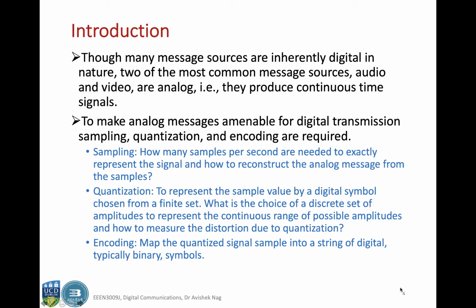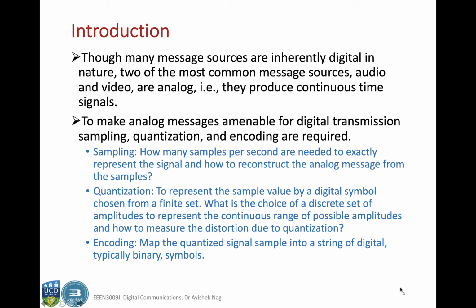Sampling means that you are basically dividing the signals into different values at different points of time, or in other words, you are just taking the amplitude of the signal at very closely spaced intervals of time, and then you are working with those values for further processing.